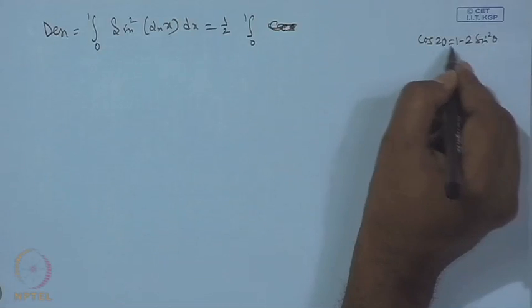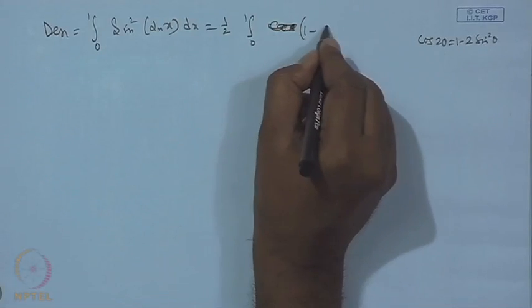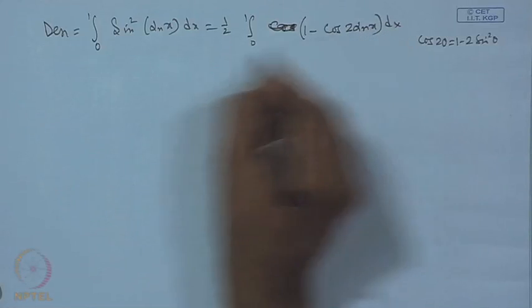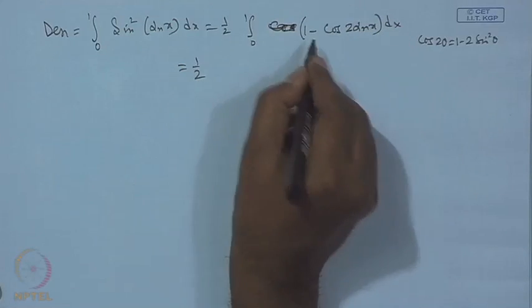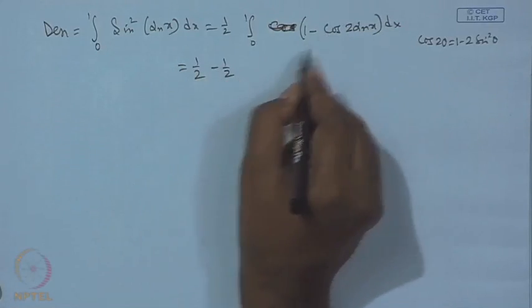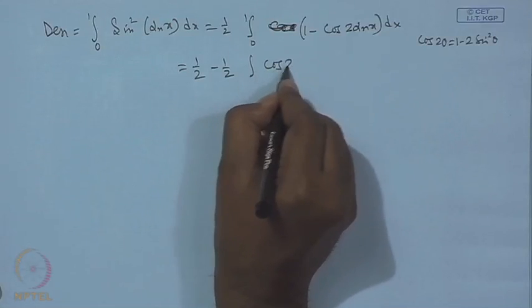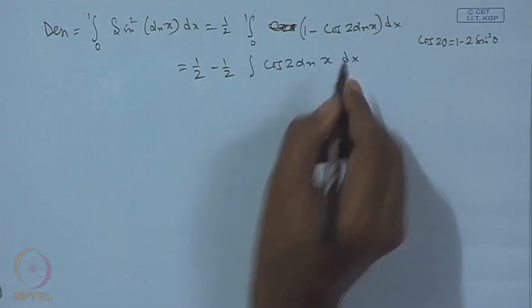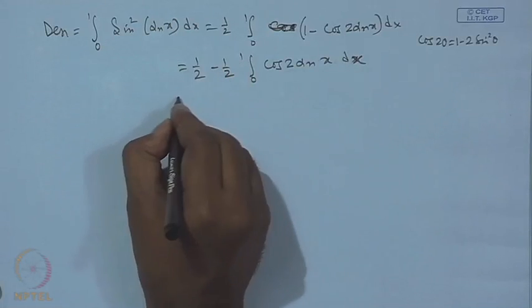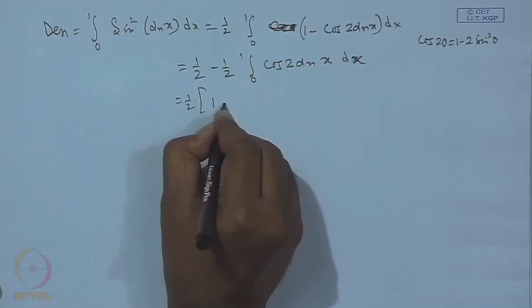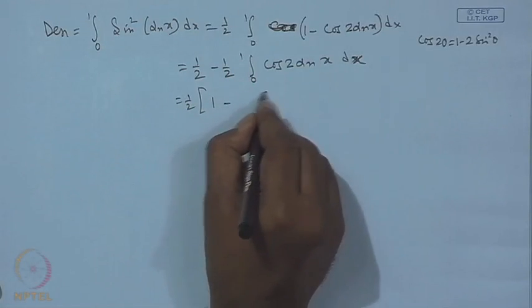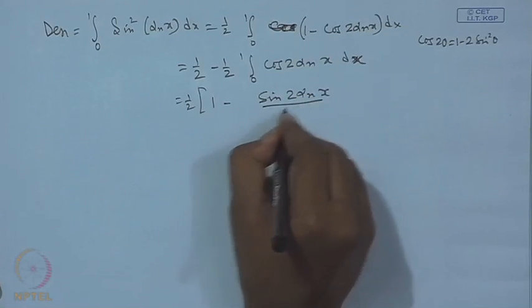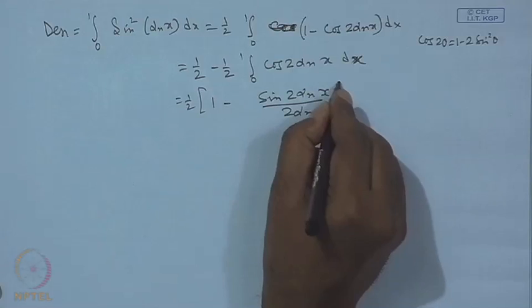So, 2 sin square theta is 1 minus cosine 2 theta, or 1 minus cosine 2 alpha n x dx. So, the first part is half minus half integral of cosine 2 alpha n x dx from 0 to 1. So, this will be half, 1 minus sin 2 alpha n x divided by 2 alpha n from 0 to 1.